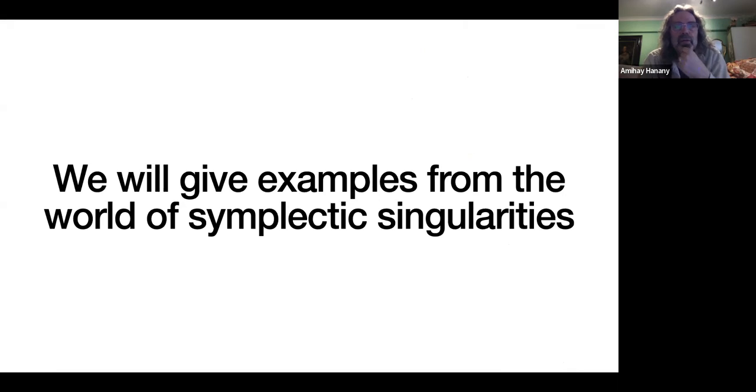The first constraint that we will put is to restrict ourselves to symplectic singularities, or in the physics language, to theories with 8 supercharges. The moduli spaces will show up there. Of course, there are many other moduli spaces in physical systems, but this is a restriction that we will give ourselves today and see what we can come up with.